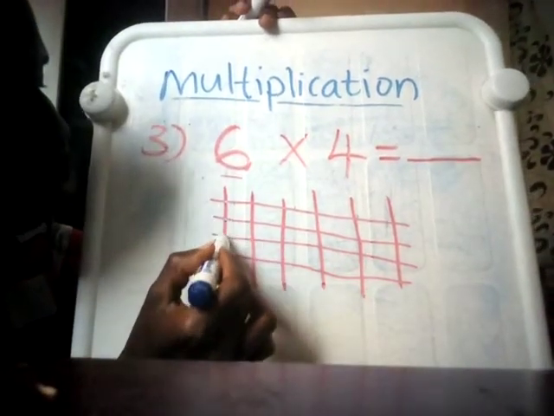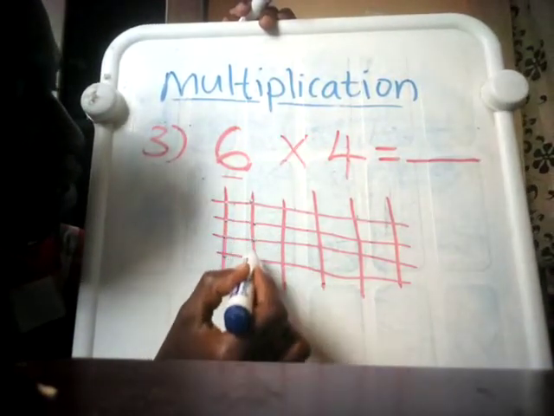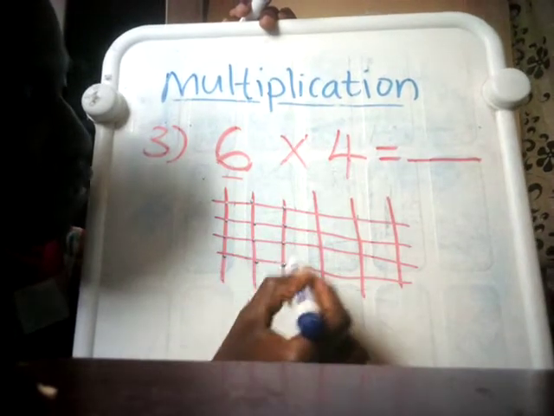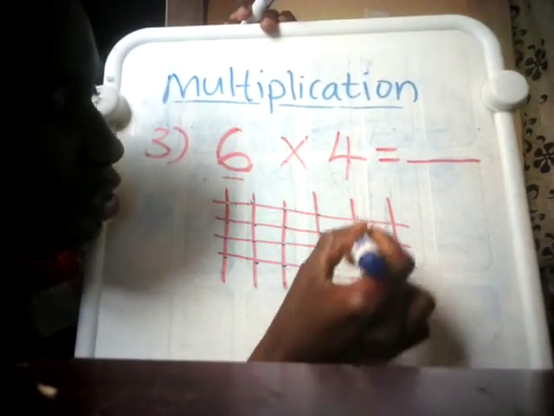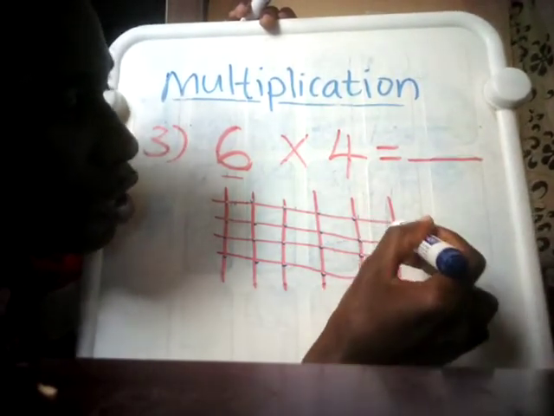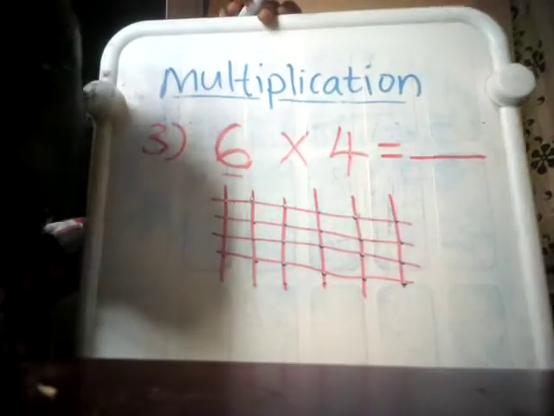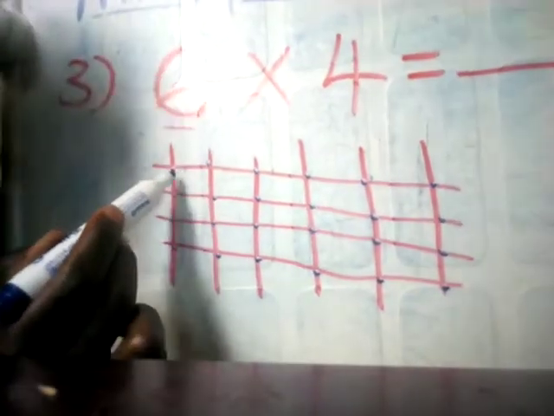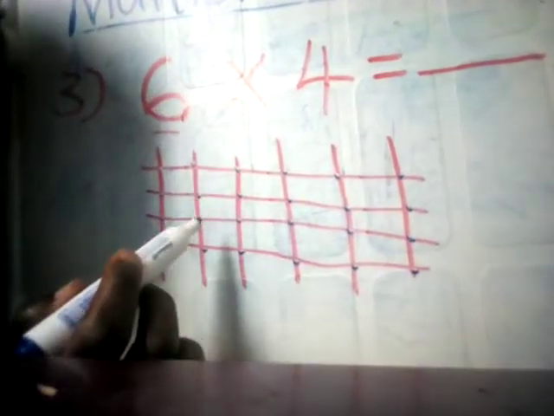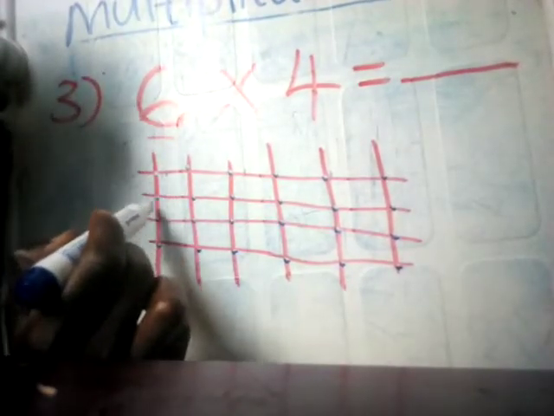1, 2, 3, 4, 5, 6, 7, 8, 9, 10, 11, 12, 13, 14, 15, 16, 17, 18, 19, 20, 21, 22, 23, 24. So all the rows and columns, as you can see where they have met, that is what we are counting. All the points where they've met, we count all of them.